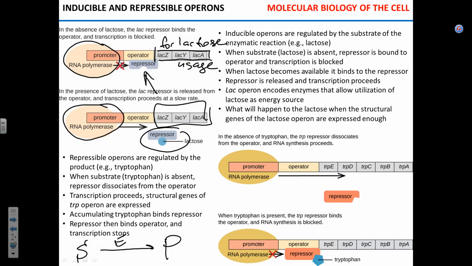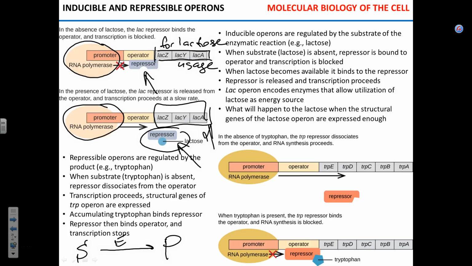Now, when these genes are expressed, what is the ultimate result of gene expression? Which molecules? Transcription, translation, proteins, yes, right? So those enzymes are proteins. What will those enzymes do with the lactose? You'll break it down. And when you break down lactose, what happens to the levels of lactose? They go down, and say all lactose is used, what's going to happen to that complex?